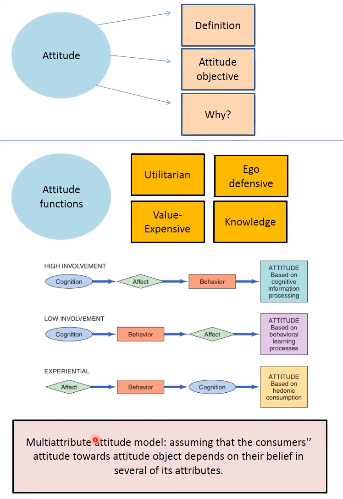And also the last point that I want to mention in this part of the chapter is the multi-attribute attitude model. Multi-attribute attitude model means assuming that the consumer's attitude toward objects depends on their belief in several of its attributes.